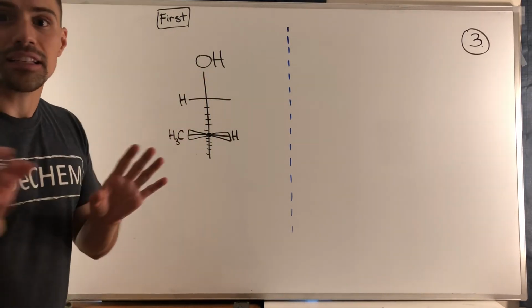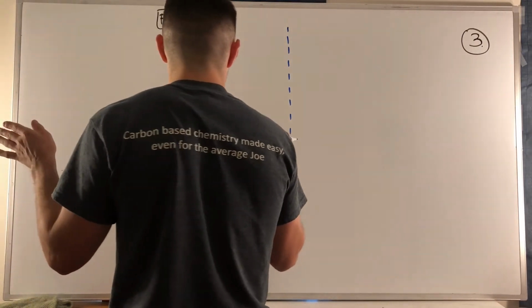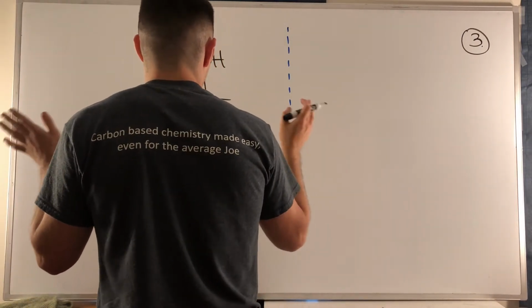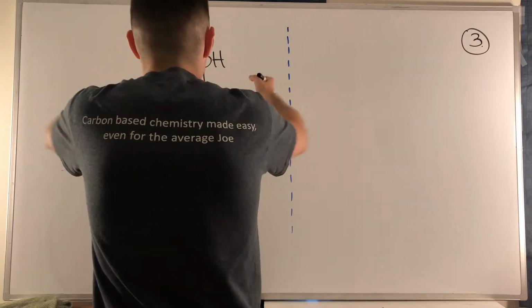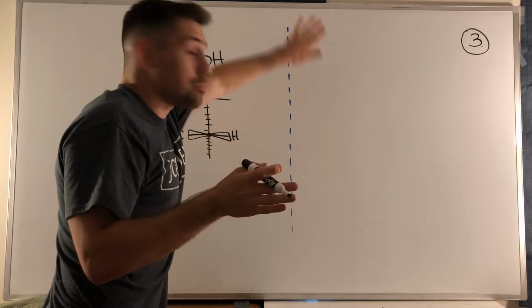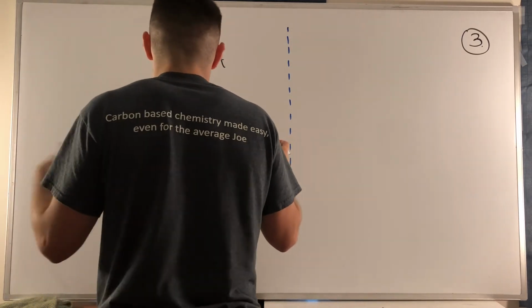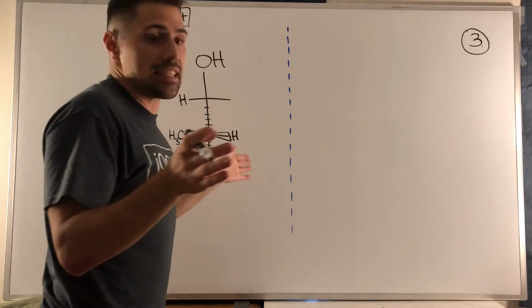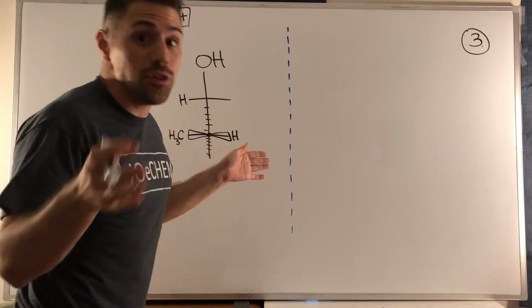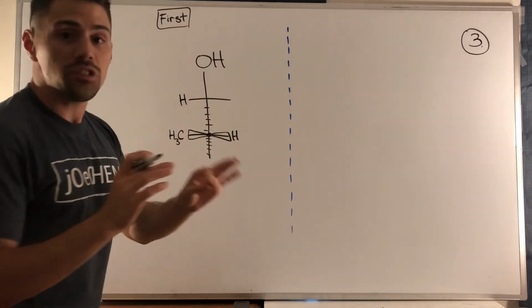Here's what I like to do: I think, okay, the methyl group is on my left, the hydrogen's on my right. I need to take this where I'm looking at my paper, at my board, and apply it in this plane. Hydrogen's on my right, methyl's on my left. When I turn here, I hope you're seeing that the hydrogen's coming at you, the camera, the CH3 is going away. So, hopefully you can see this.